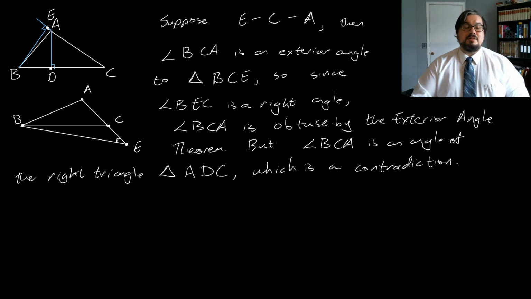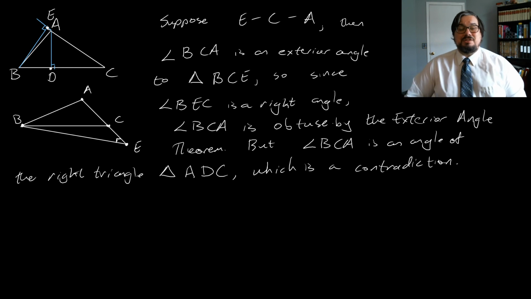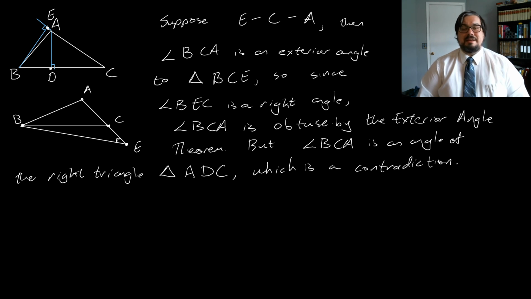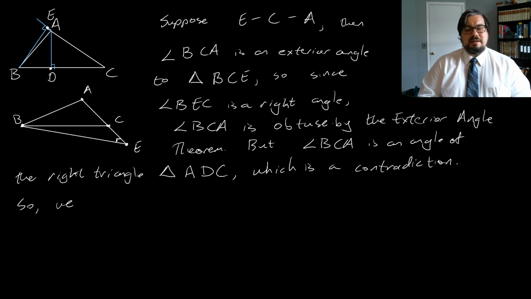In a right triangle, you have one right angle and two acute angles. So in particular, the angle at C can never be obtuse. So that means that we have that E lies in the ray CA and is not equal to C.